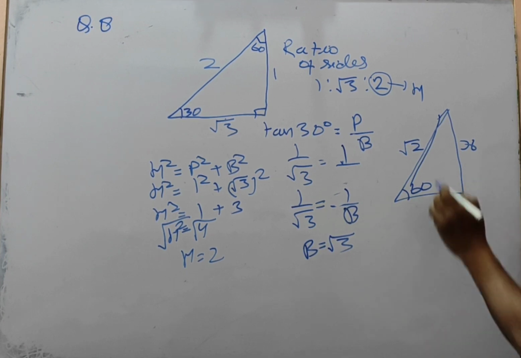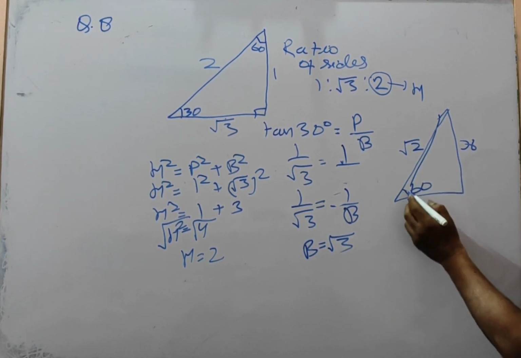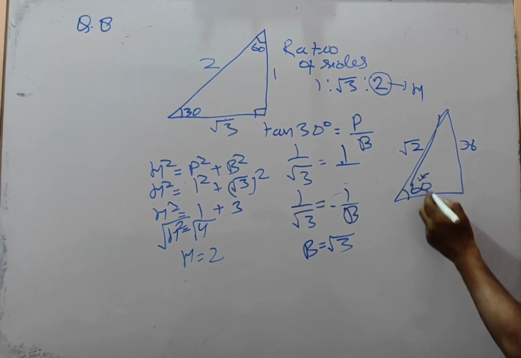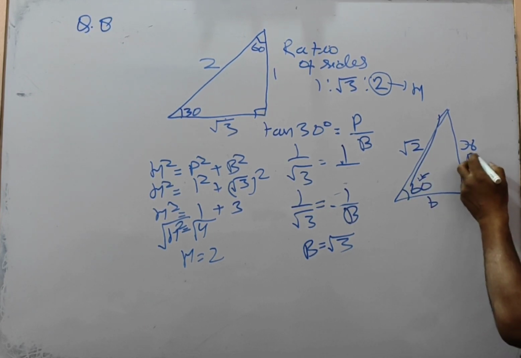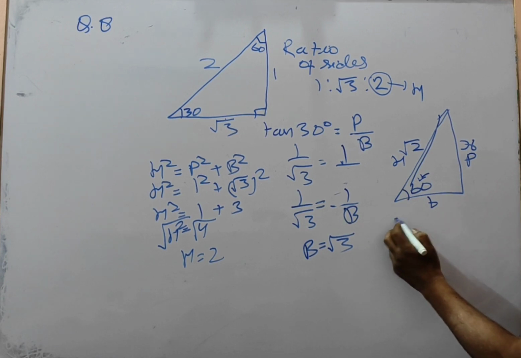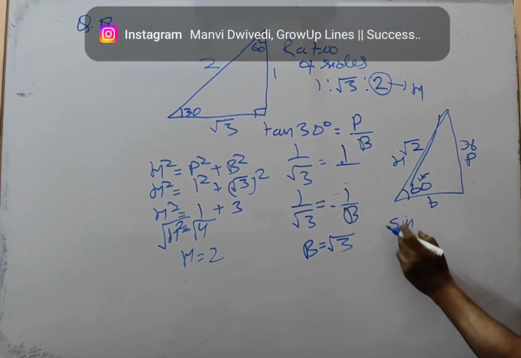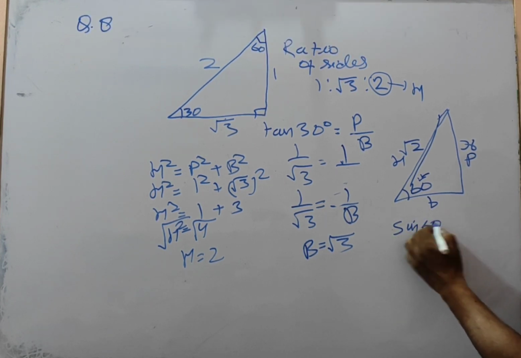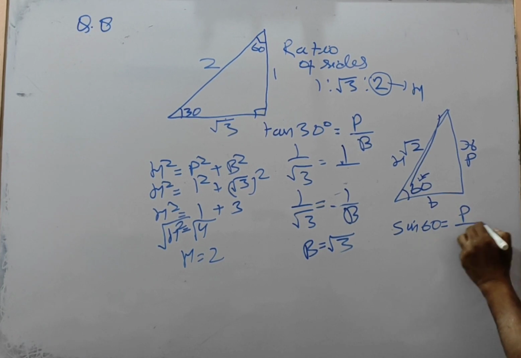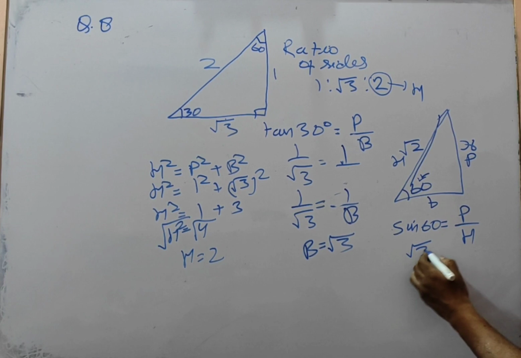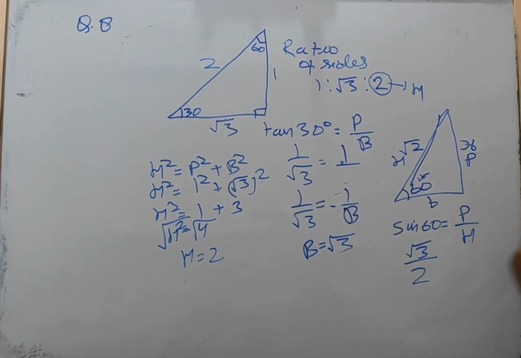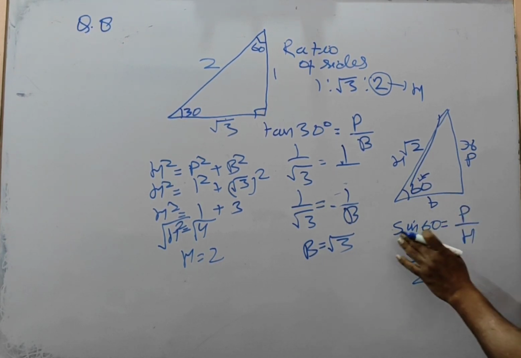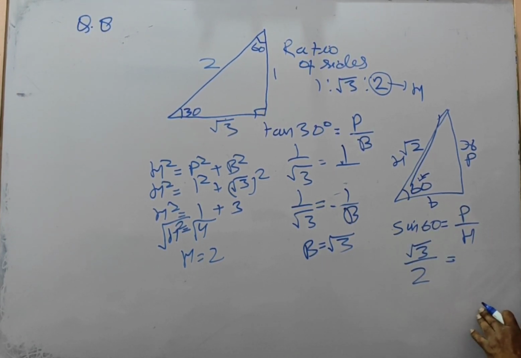So, we are taking this angle in consideration. So this will be base and this will be perpendicular. This is the hypotenuse. So we can take sine 60 is equal to perpendicular upon hypotenuse. Sine 60 is root 3 by 2.